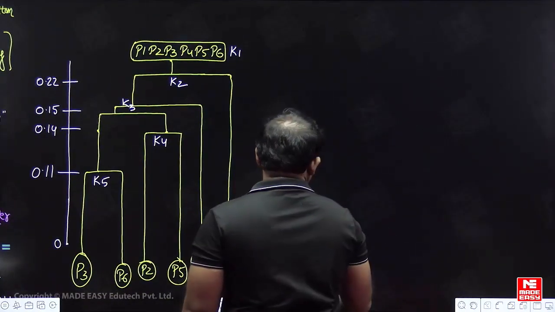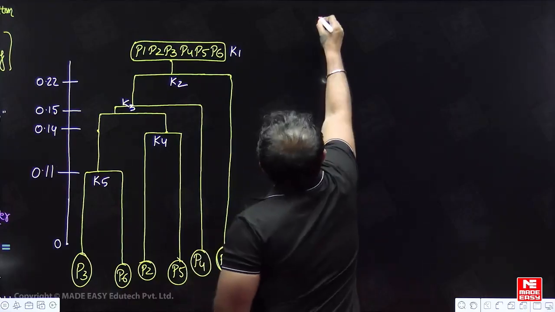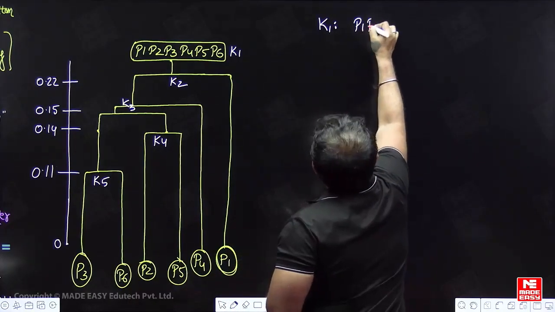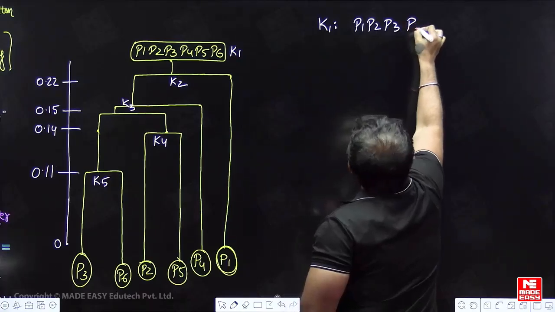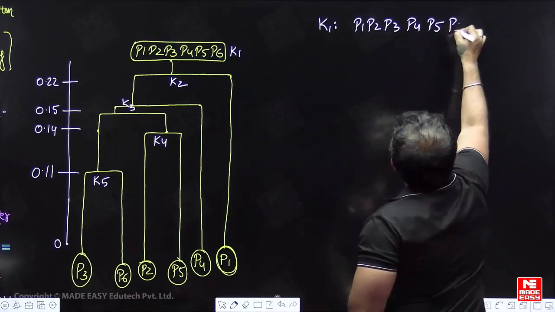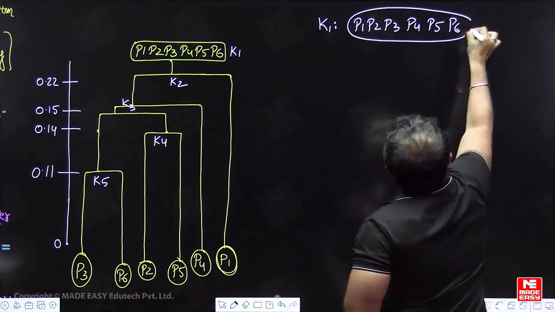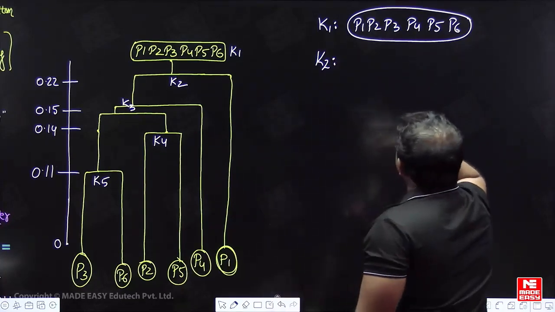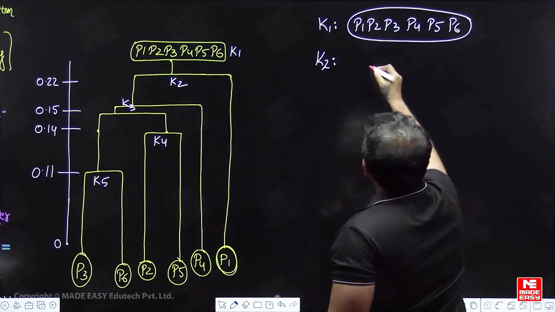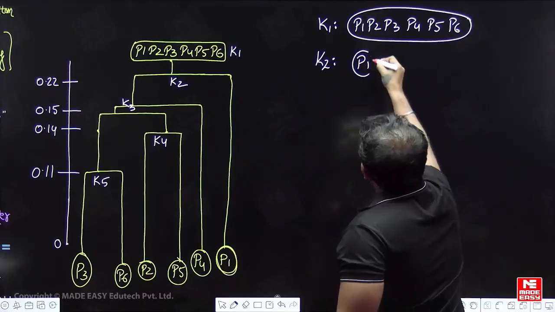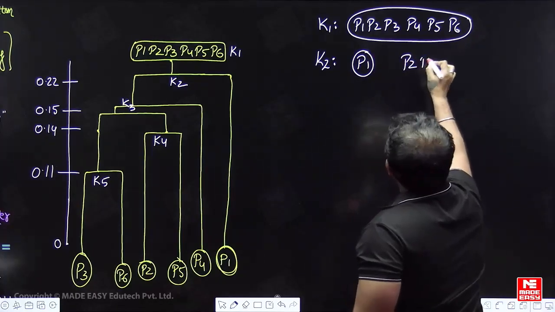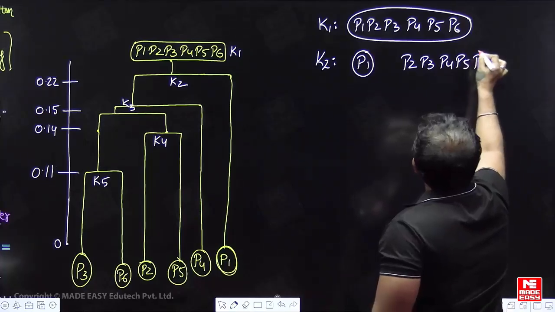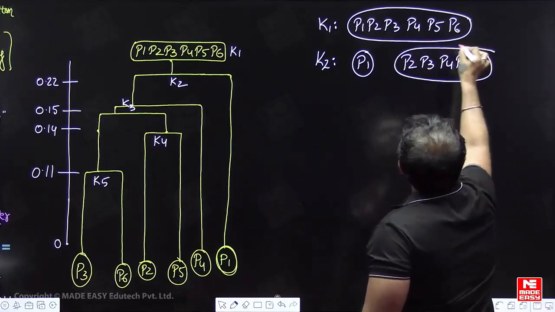Top to bottom approach. See, cluster 1, P1, P2, P3, P4, P5, P6. This is one cluster. Then K2, what is this meaning? So here P1, right? P2, P3, P4, P5, P6, like this.